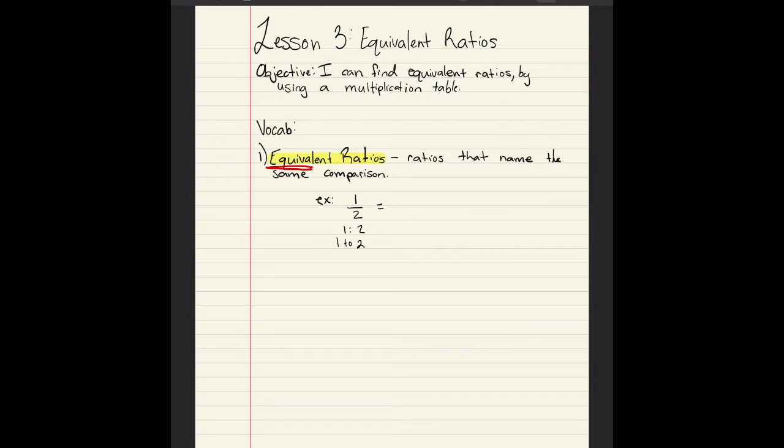An equivalent ratio could be 2 to 4. It could also be 3 to 6. And it can also be 17 to 34. These are all equivalent ratios of the ratio 1 to 2.